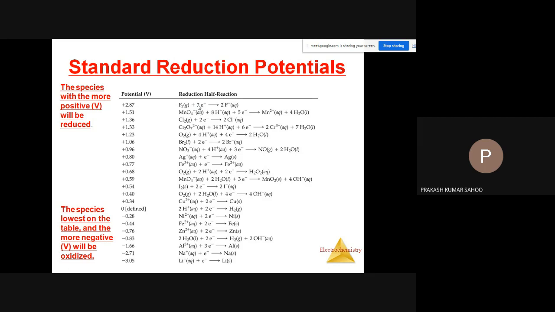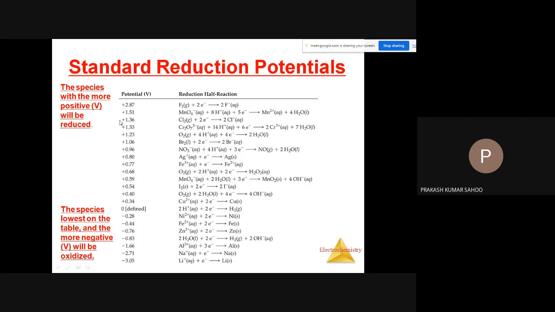That means fluorine has the highest ability to accept electrons and get reduced. Here F2 gets converted to 2F minus; 0 to minus 1 means it is reduction. Similarly, in this table, lithium, the last element, has the least ability to accept electrons, and its value is minus 3.05.